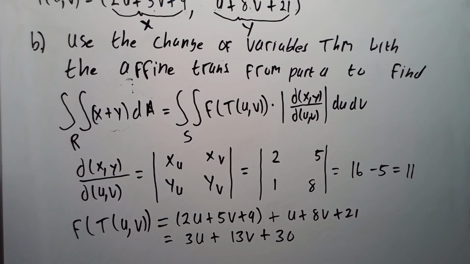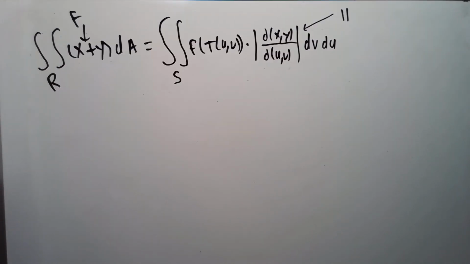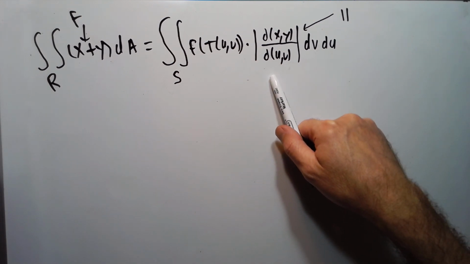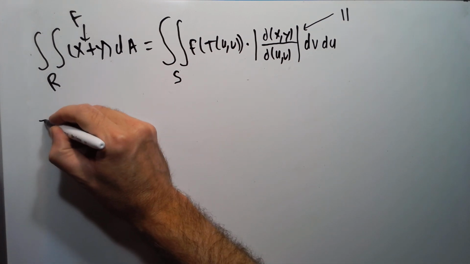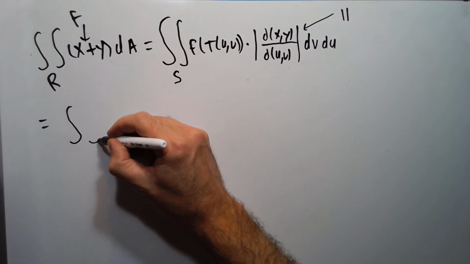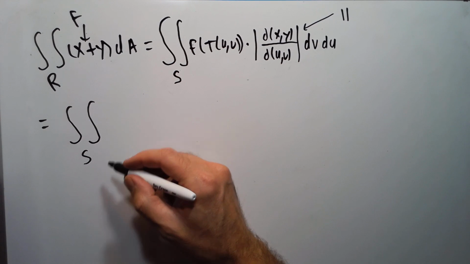Okay, so now let's integrate. So let's erase some things here. Okay, so here's what we have. We found the Jacobian was 11, and we also found another line here. So it'd be the integral over S. We have to figure out what S is in a second.